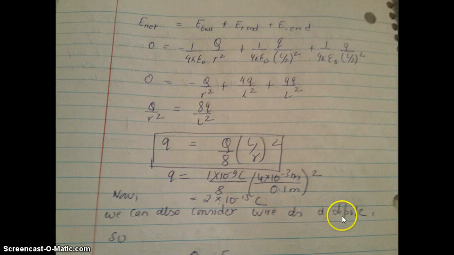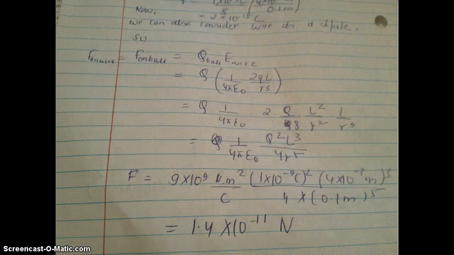Since we can consider the wire as a dipole, we can use the equation from chapter 14, that is F on wire equals F on ball equals Q ball times E wire, and the E of the wire can be given by the equation 1 by 4 pi epsilon naught times 2 q l upon r cubed.